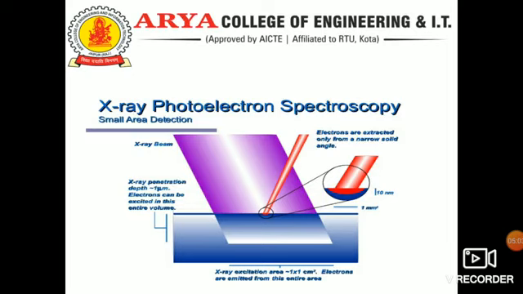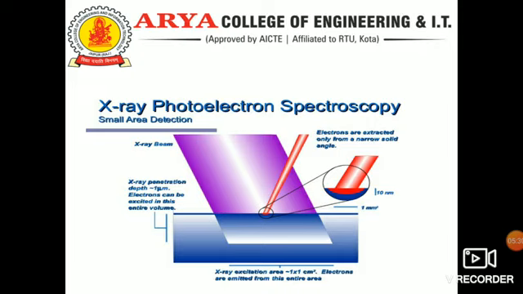X-ray photoelectron spectroscopy is used for small area detection. When the X-ray beam falls, then the X-ray penetration depth and the electrons can be excited in the particular entire volume.